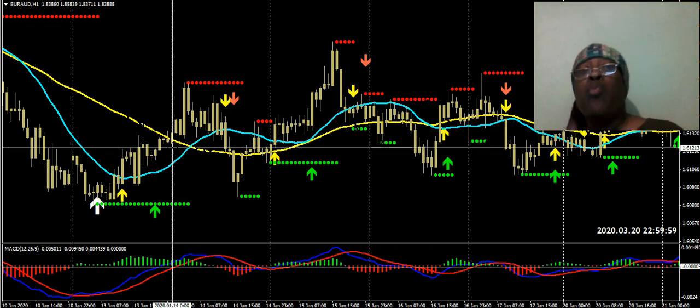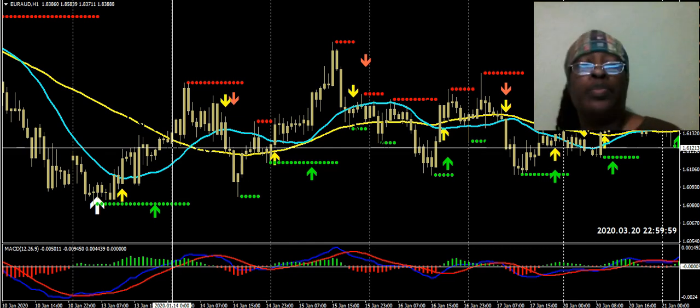What I would not recommend trading during this time are your GBPs. The spreads are ridiculous. I also would not recommend trading your NZDs and your AUDs during that time. You can wait until after the 5 o'clock candle closes and do it. But if you want to get in and get out at your 20, I recommend some of the major pairs, your Euro and your USD.